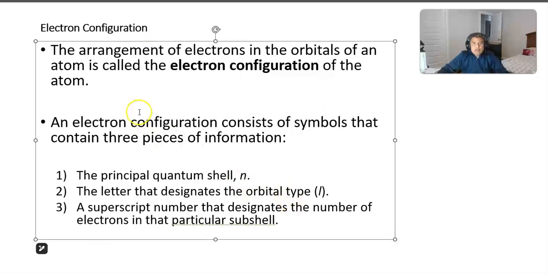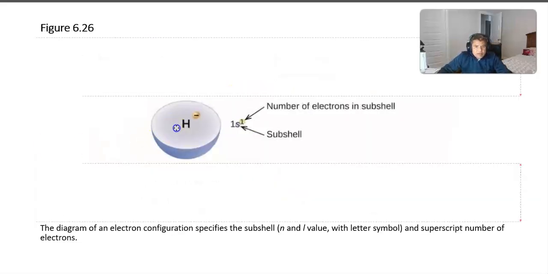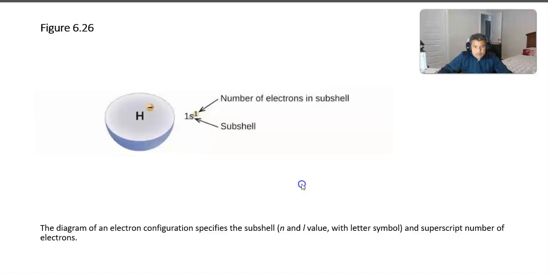So the arrangement of the electrons is the electron configuration. Okay, we already discussed that. That electron configuration we will write in this form: n s, with x, the number of electrons, in the power. So for example, ns orbital: first s, second s, third s, and in the power we will write the number of electrons.